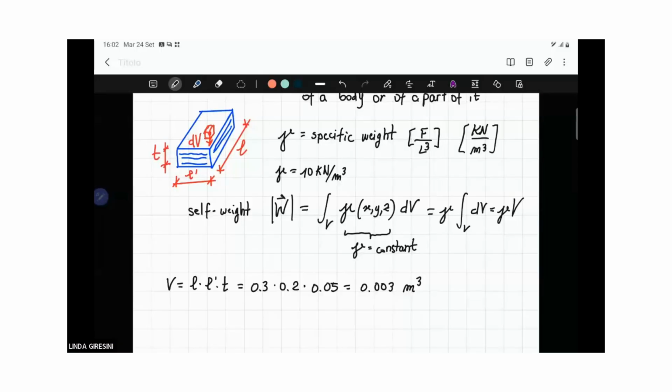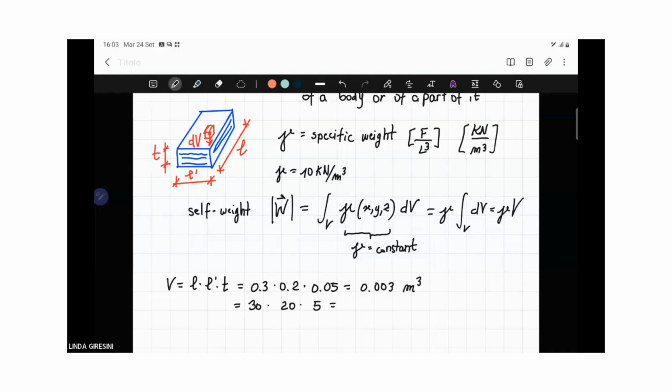Okay? And it's the same, of course, if I express everything in centimeters, I can say 30 times 20 times 5, which is, tell me, without using the calculator.